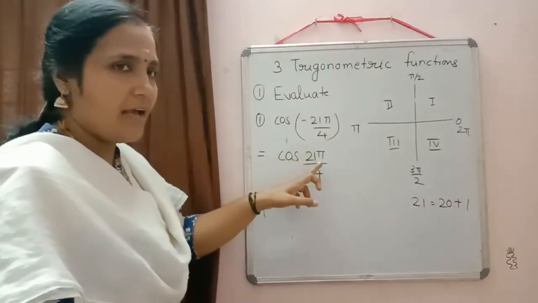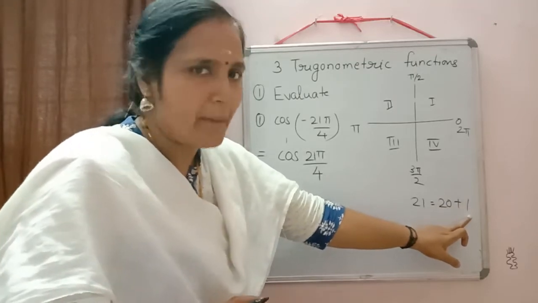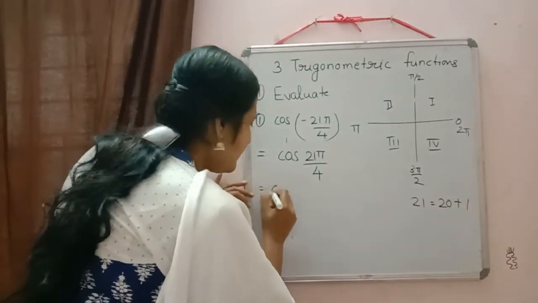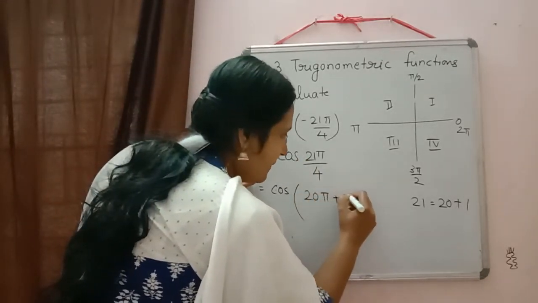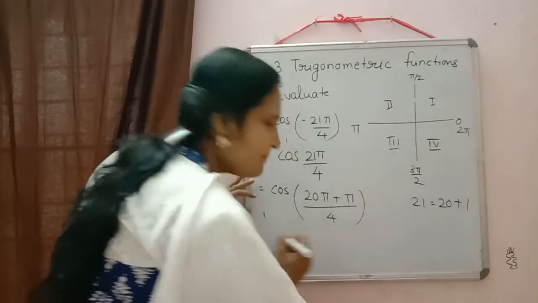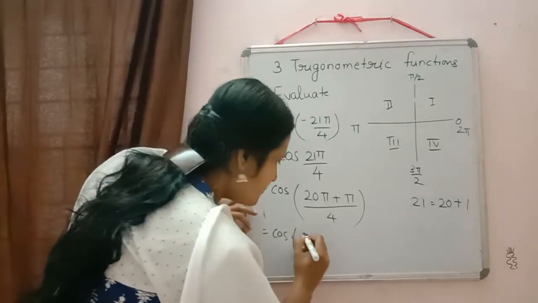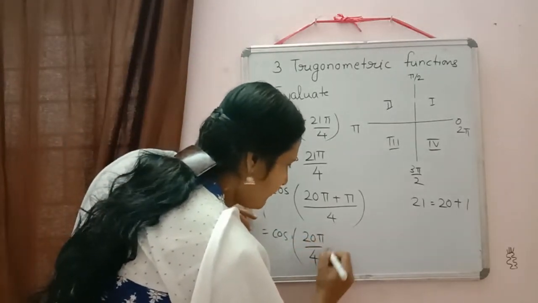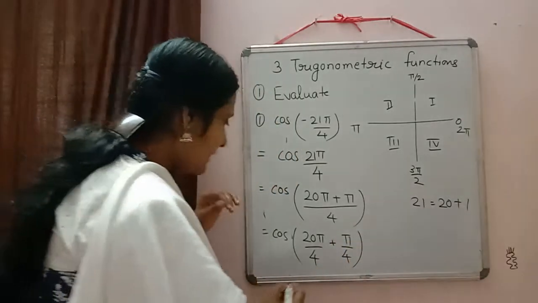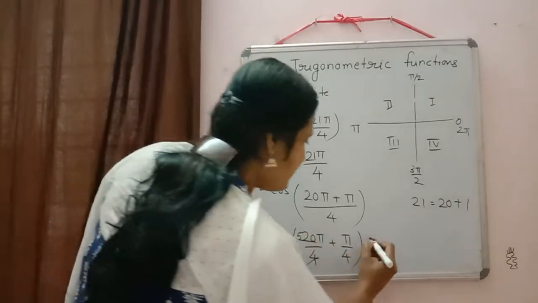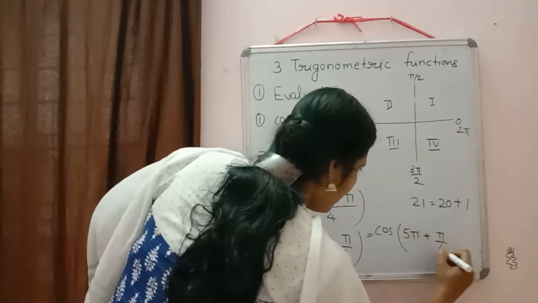So 21 pi we will rewrite as 20 pi plus pi. So cos of 21 pi can be written as 20 pi plus pi whole divided by 4. Now we write it separately: 20 pi by 4 plus pi by 4. 20 and 4 we can cancel, then it will be equal to 5 pi. So we are getting cos of 5 pi plus pi by 4.